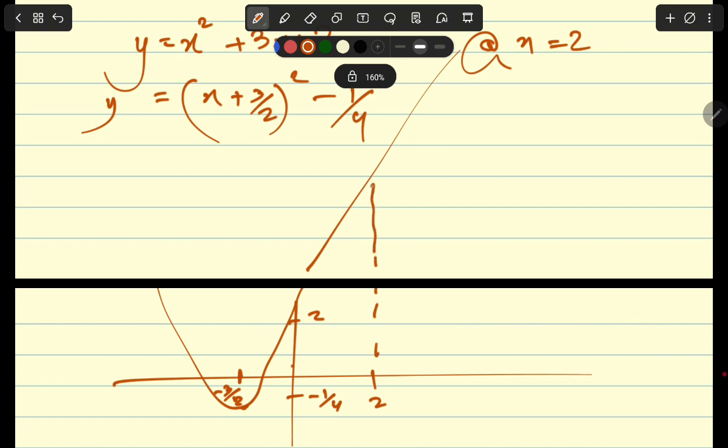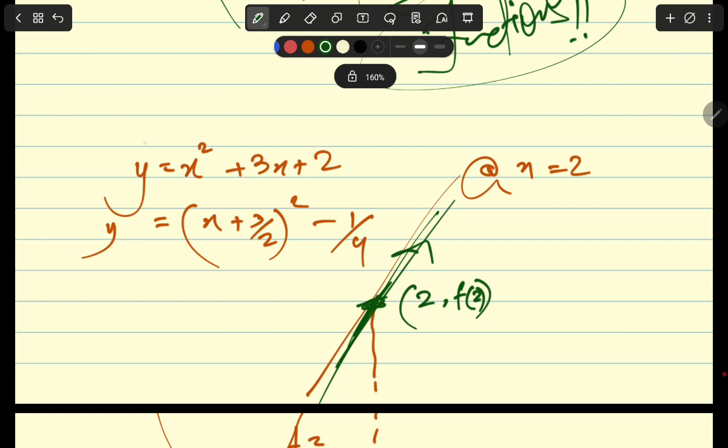Now it is asking you to find the gradient of a tangent at this particular point. For this, you need the gradient here and you need the x and y coordinates. We already know that this is 2 and this is the function value at 2. We can find the function value at 2 by inserting x is equal to 2 here, which is going to be 4 plus 6 is 10 plus 2 is 12. So this coordinate is 2 comma 12, but we don't know the gradient of this tangent.